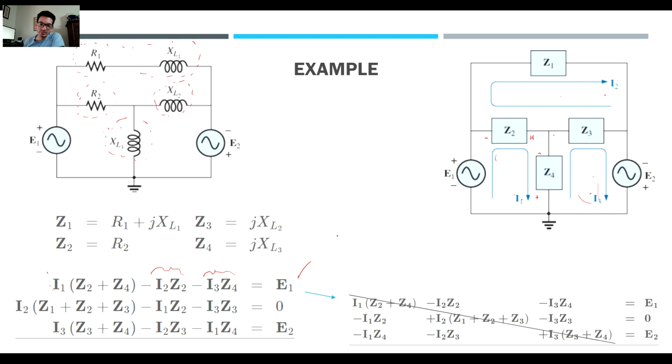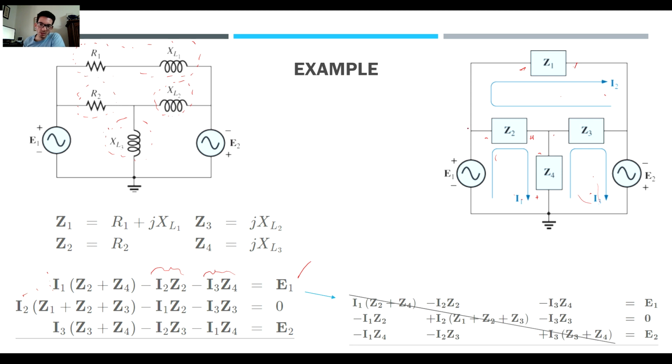Then the second case is very interesting because current number 2 has elements contributing from this mesh, from this mesh, and obviously from this mesh. So I2 has contributions from Z1, which we can say is negative positive, so it goes negative positive times Z1. Yes, this is true.